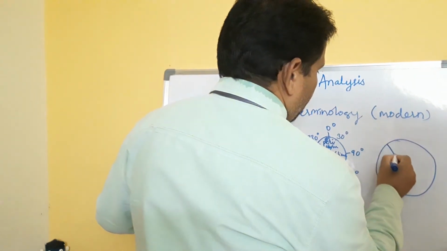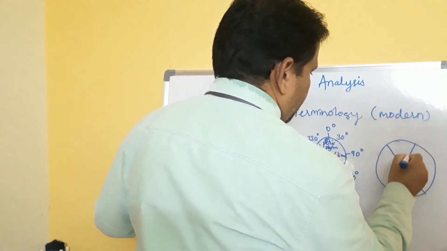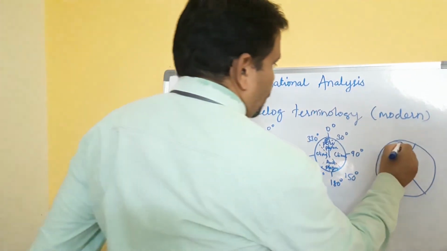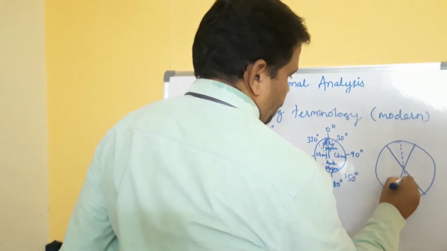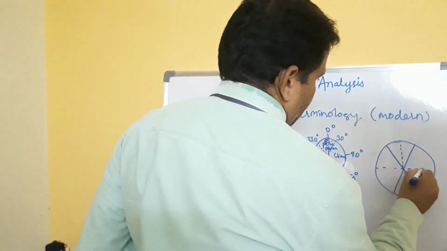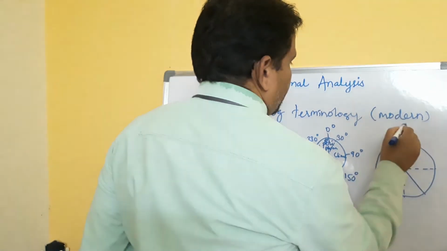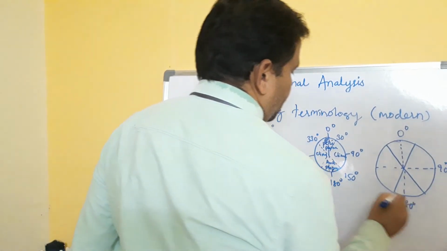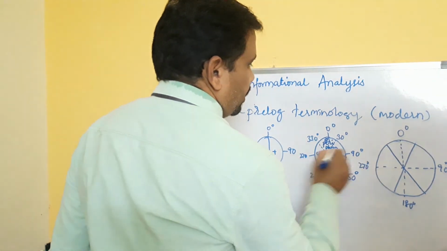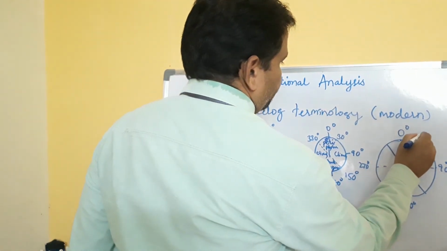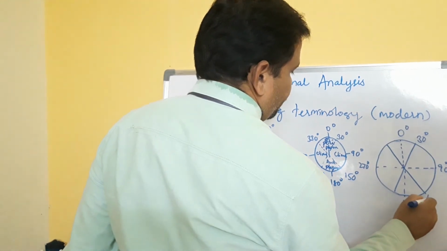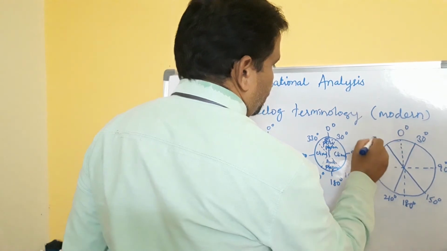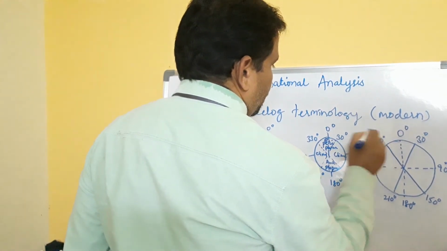So I'll put it in marks, and I'll dot this one. So this is 0 degrees, 90 degrees, 180 degrees, 270 degrees. Okay, this is 30 degrees, this is 150 degrees, this is 210 degrees, and this is 330 degrees.